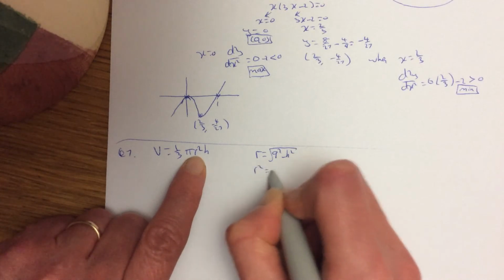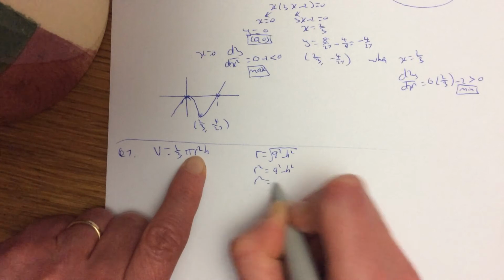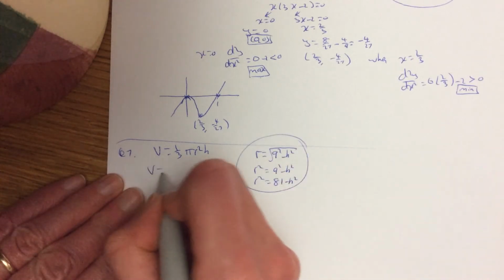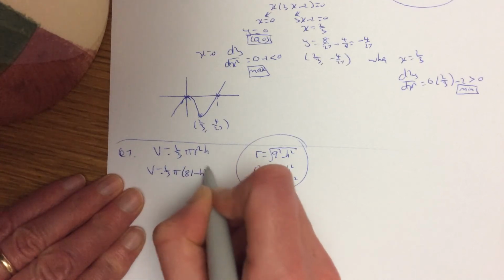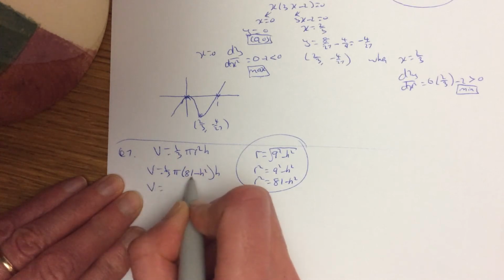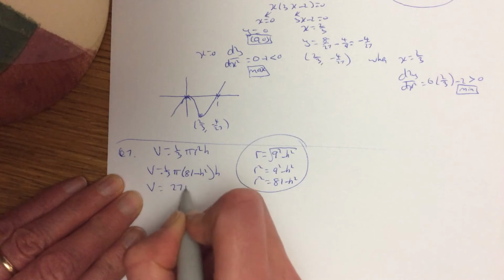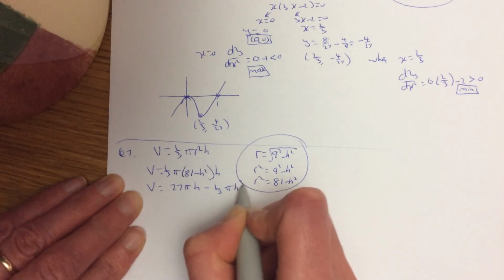I want the radius squared, so just squaring that, it's 9 squared minus h squared. So the radius squared is just 81 minus h squared. So volume is a third pi, 81 minus h squared, times h. Multiplying all that out, 81 divided by 3 is 27 pi times h, minus a third pi h cubed.